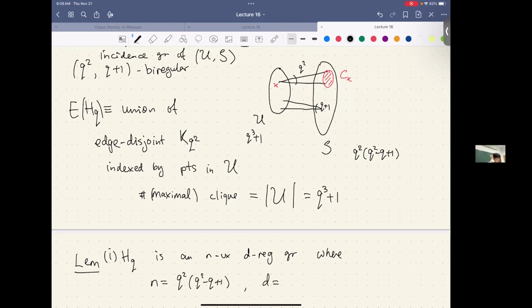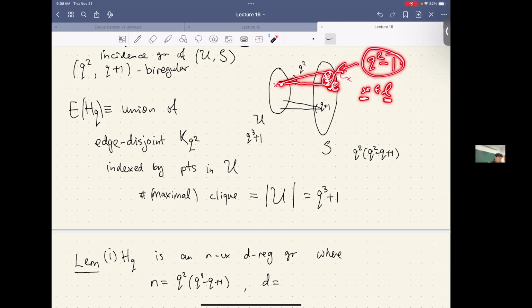What's the degree? I will leave it for you to write out the details. The degree is easy. You have a line here, and you look at its neighbors. What are the other lines, the vertices that it's adjacent to? You first go back to a point in the unital that this line contains. Everything that lies in the neighborhood of this point x is adjacent to it. It's a clique, so you have q squared minus 1 points inside this clique, apart from L itself. And how many such points x?